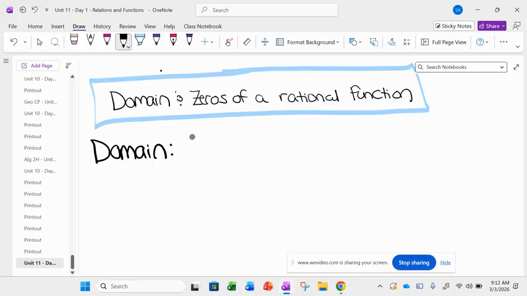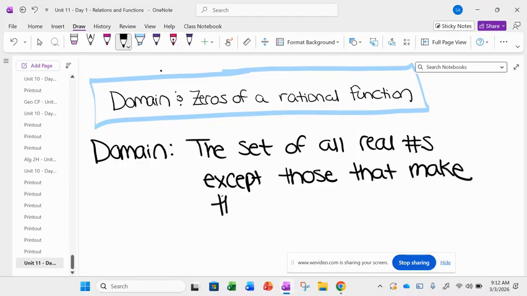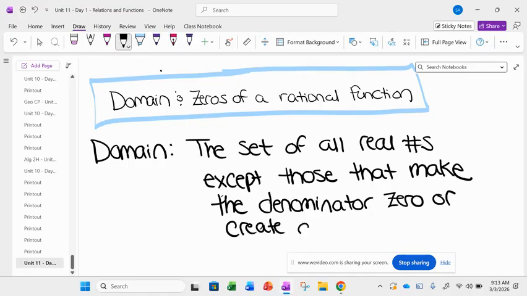So the domain is generally the set of all real numbers except those that make the denominator 0 or create an imaginary number.